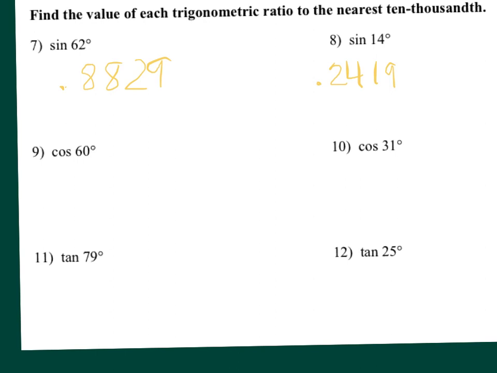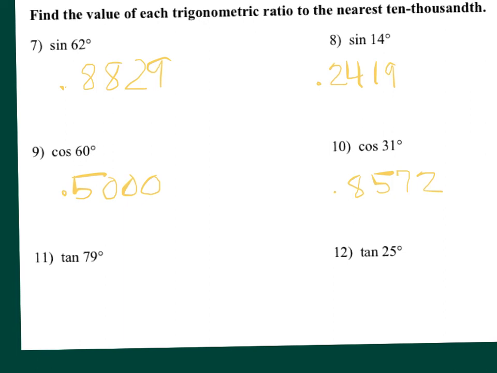I will write them here. For number 9, cosine of 60, it is just 0.5.